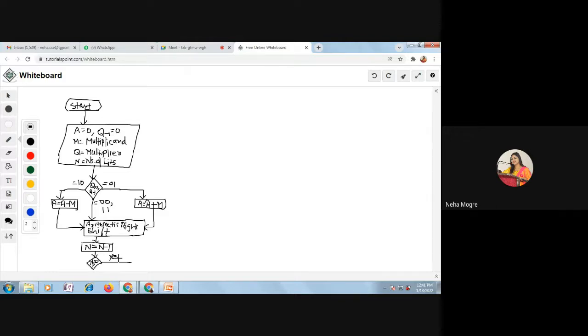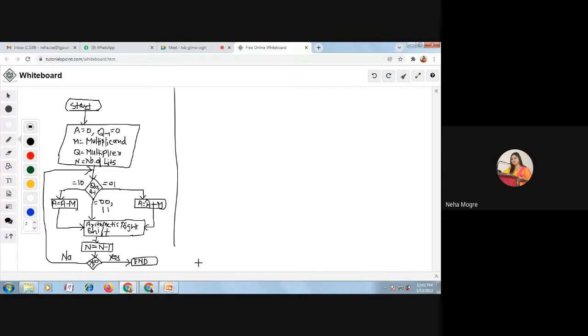If the answer is yes, as it is a condition operator, we are going to end our problem. So until and unless your value of n is 0, you are going to continue with the same step. If the answer is no, then again we are going to check this same step. Am I clear with this? Everyone draw this flow chart. Yes, ma'am.